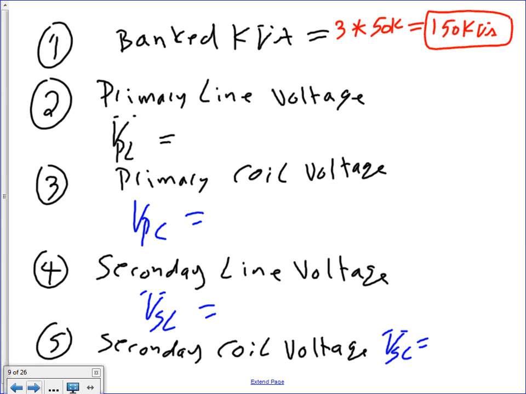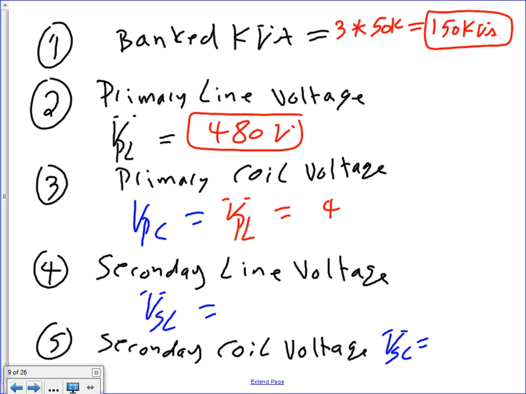Primary line voltage. What's the line voltage in the primary? 480 volts. Piece of cake. Primary coil voltage: V primary coil equals V primary line equals 480. Why is it 480, Jeff, my friend?